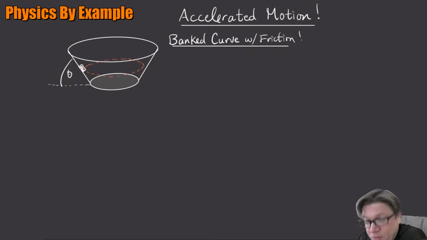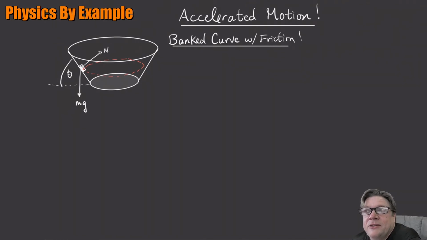First of all, let's draw the forces. So what's acting on the car? There's gravity going down. I'm saying that it's banked, it's inclined by an angle theta. This is like our inclined plane problem. Here's the normal force going up that way, right? And friction.